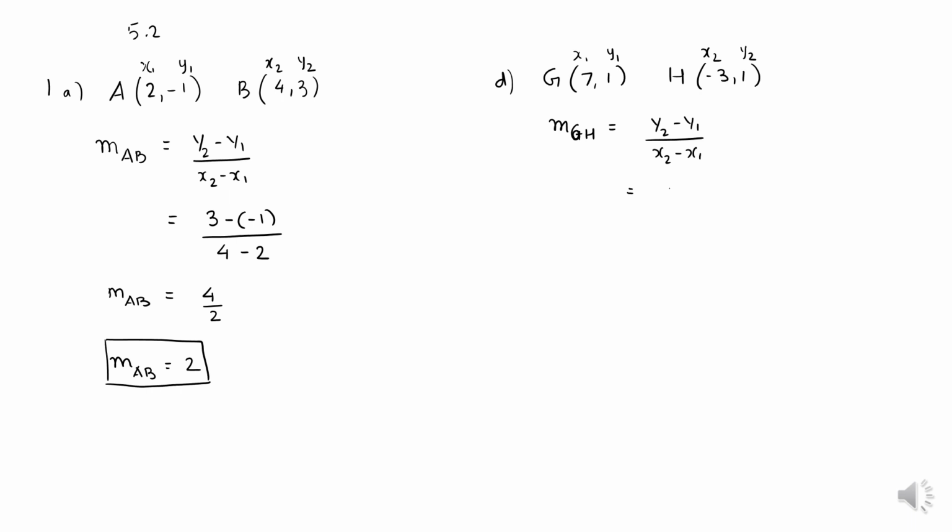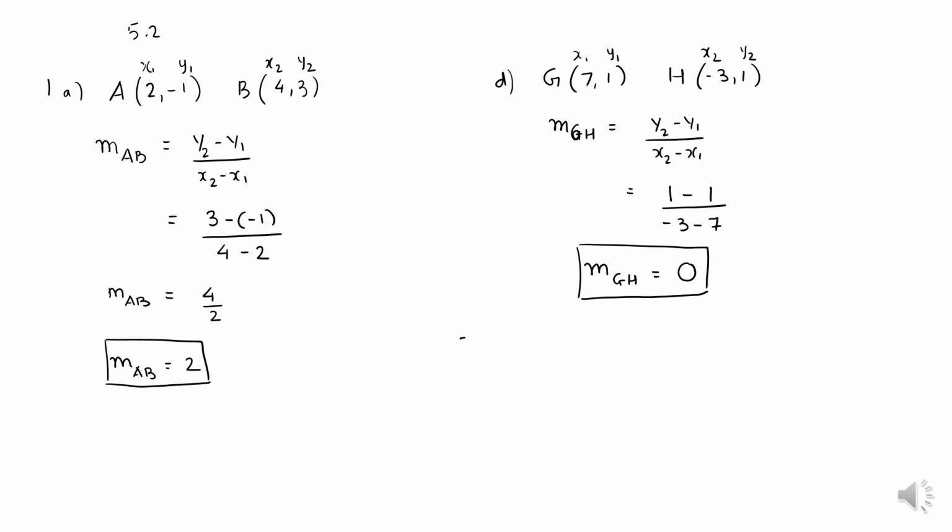What will y2 be? 1 minus 1 upon -3 minus 7. Remember the order carefully. If I write y2 minus y1, I have to write x2 minus x1. So here I am getting slope of GH as 0. I am getting slope as 0. Understood?